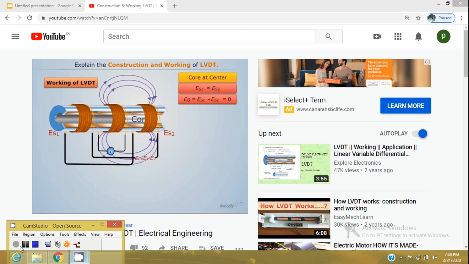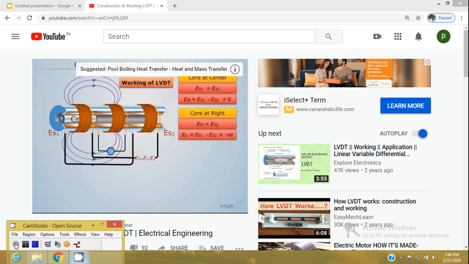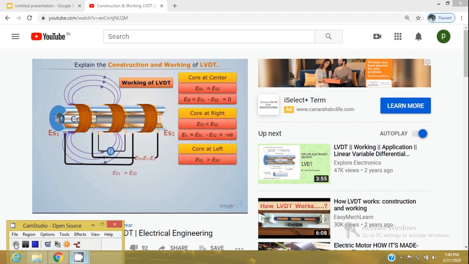When the core moves towards the right hand side, the flux linkage is higher in ES2 when compared to ES1, so ES1 is less than ES2. When the core moves towards the left hand side, the flux linkage will be higher in ES1 when compared to ES2, so ES1 is greater than ES2.